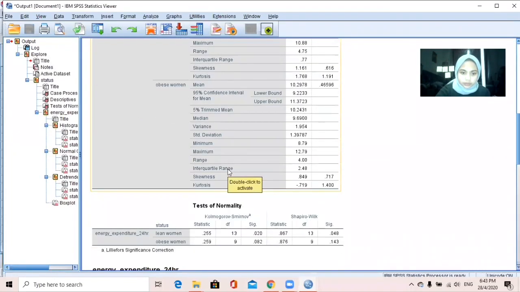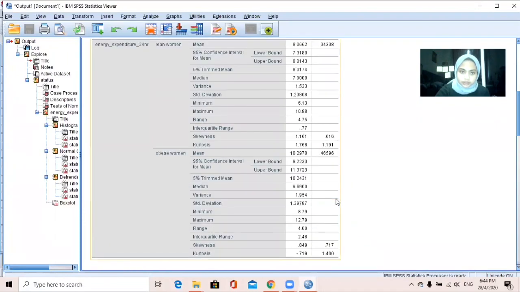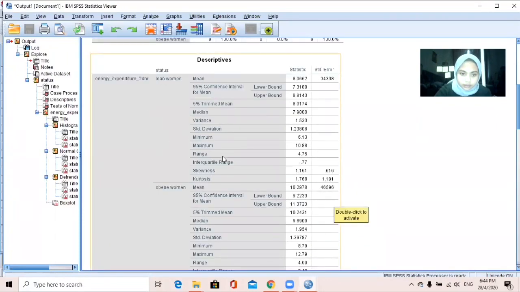Okay, so for the energy expenditure of lean women, the p-value is 0.048, which is not normal, and for the obese women, the p-value is 0.143, which is normal. Okay, so since the lean women's data is not normal, let's see the skewness and kurtosis.